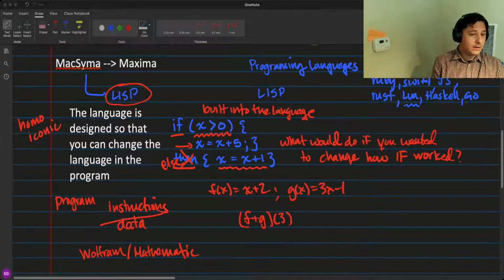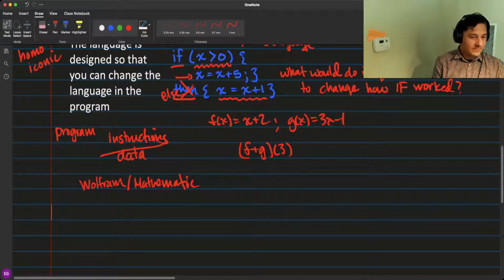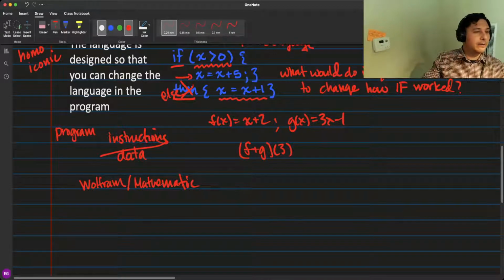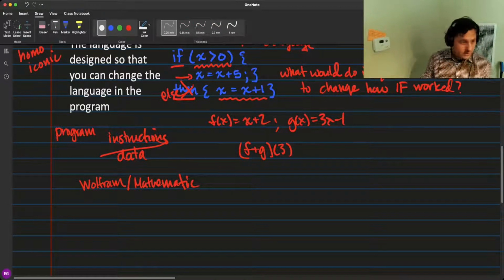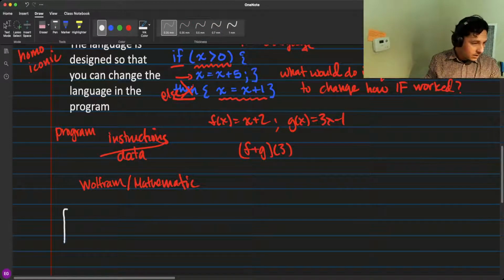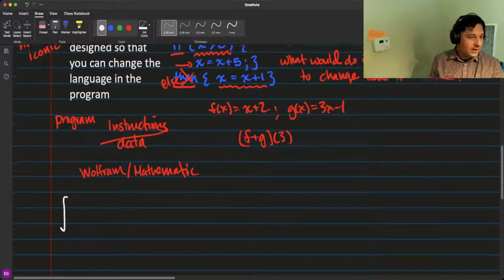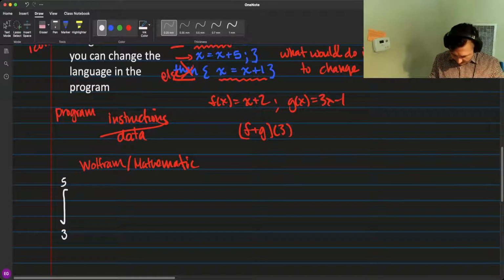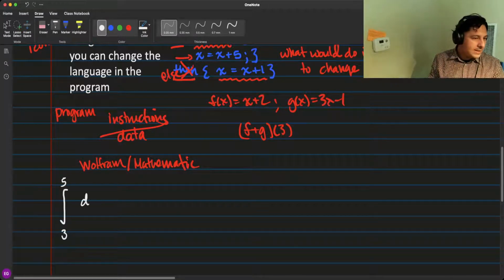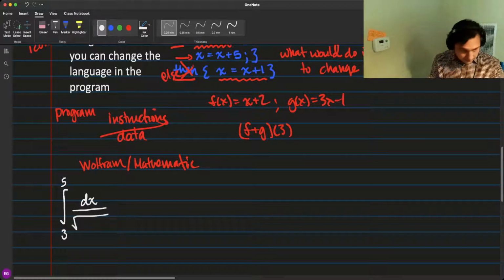So let's say, I don't know, let's come up with a problem here that you want to solve. You're going to be integrating from 3 to 5 of dx over the square root of x squared plus 4.